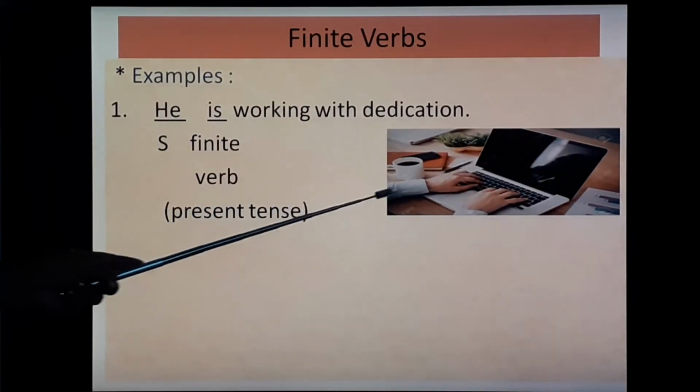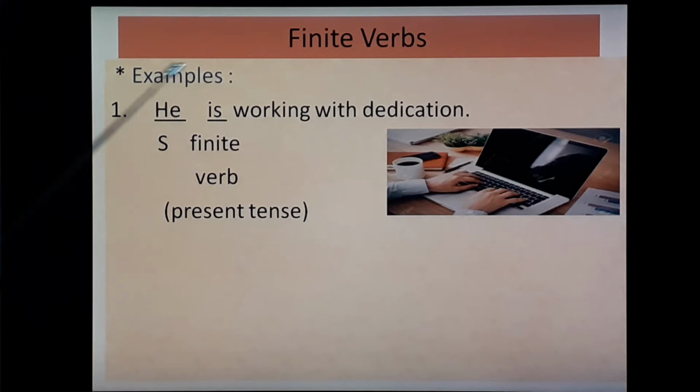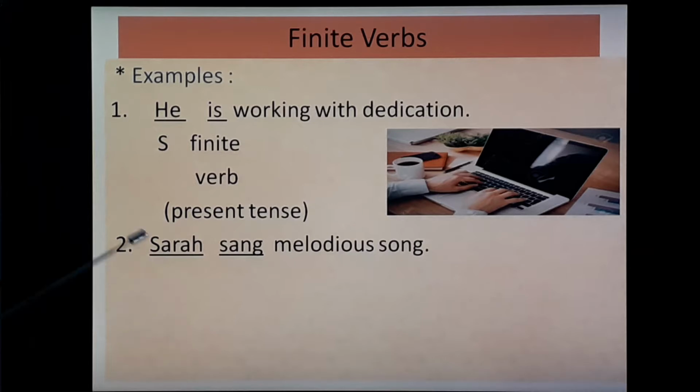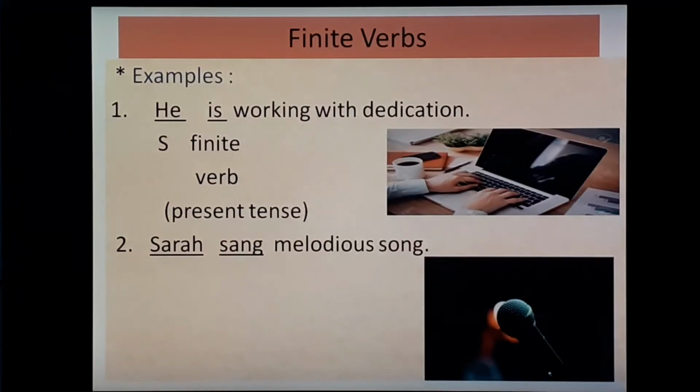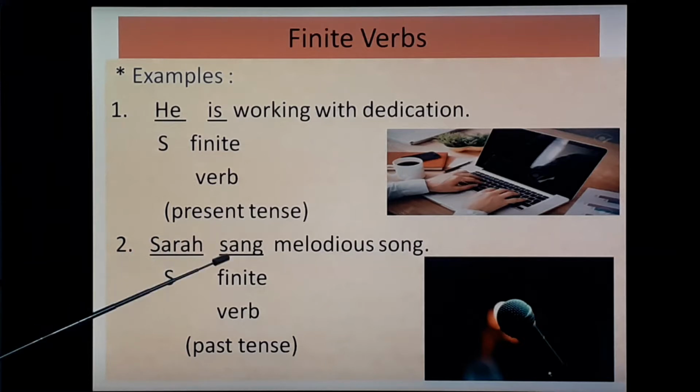You can see the picture, the man is working with dedication. So here he, that is the subject, and is, that is finite verb because this shows present tense. Second, Sarah sang melodious song. So here Sarah, that is subject, and sang, that is finite verb because it shows tense, that is simple past tense.